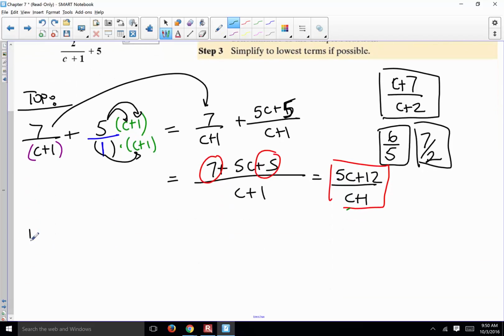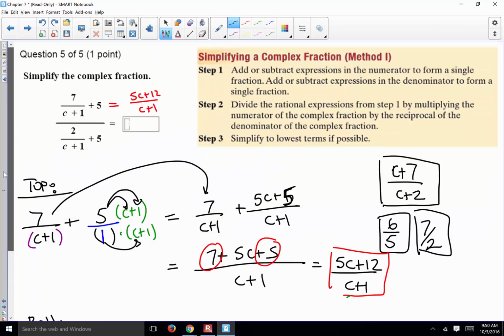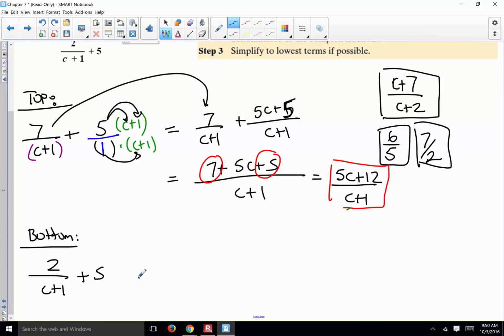Let's do the bottom now. It's the same work. Nothing different. Slightly changed numbers, but I will repeat the same procedure. Multiply both sides by c plus 1 as I did here. Get c plus 1. The first one doesn't change. The second one is 5c plus 5.